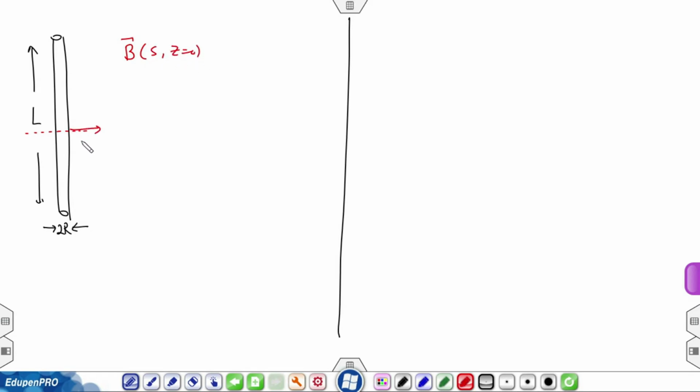So, this distance is s from the axis, equal to −z 2μ₀ n I L r² divided by (L² + 4s²)^(3/2).